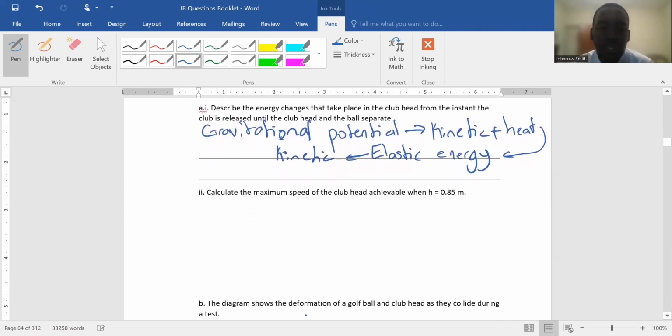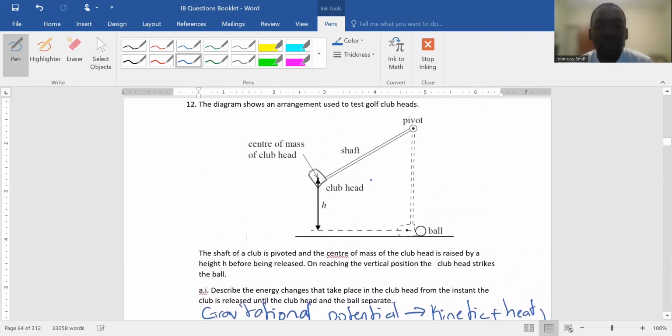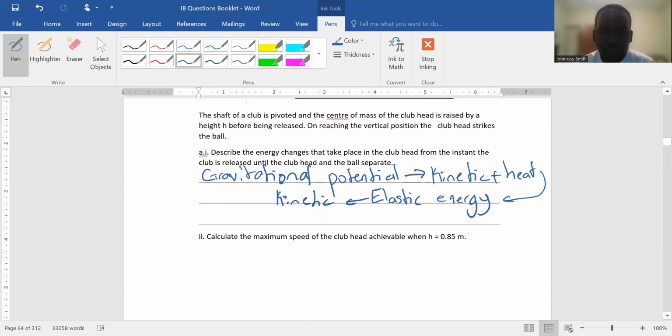All right, the next part says calculate the maximum speed of a club head achievable when h is 0.85 meters. So the only thing we're given here is the height of release, but we know something about energy, that energy is conserved. So the gravitational potential energy will be converted to kinetic energy.